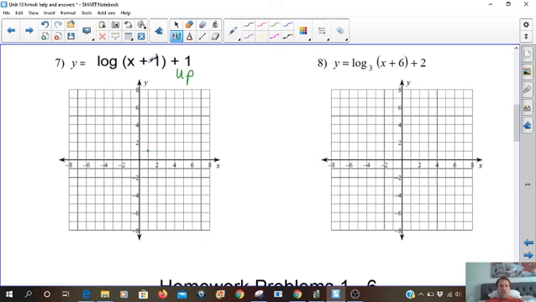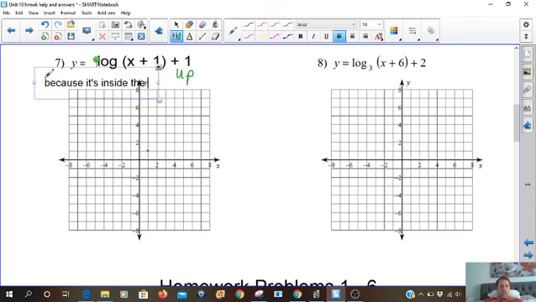Well, originally I usually think right 1. But because it's inside the parentheses, it's opposite what you think.